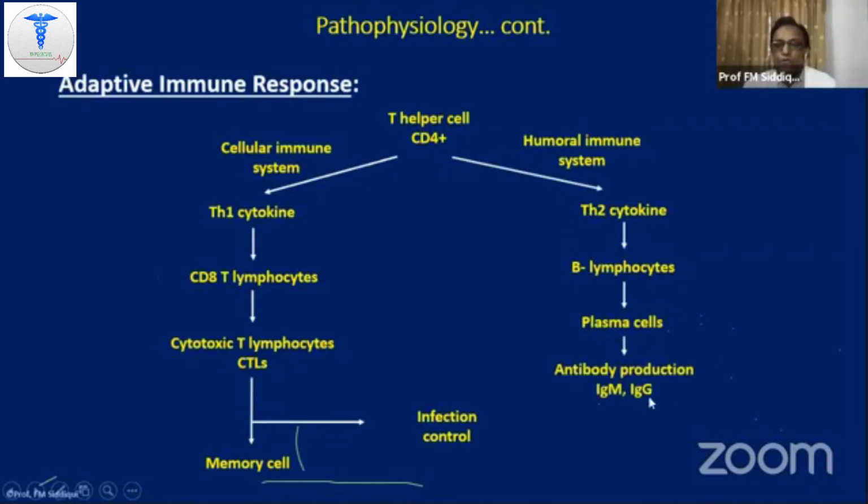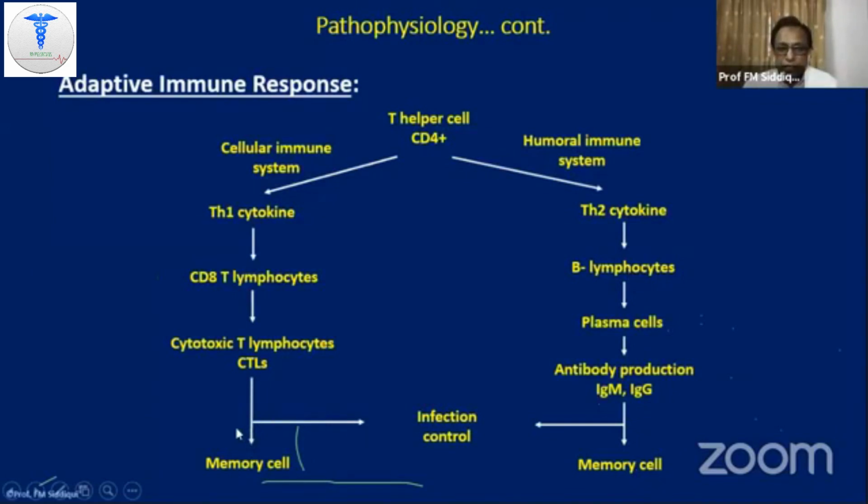Actually, this antibody is what we are trying to test to identify the specific virus. Initially, they release IgM antibody, and later on they release IgG antibody. This antibody goes to the site of infection and helps the system eliminate the virus by its destruction. And the highly specific B lymphocytes remain in the system as memory cells.